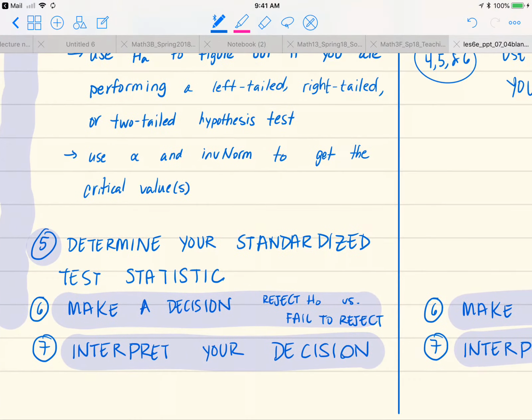Last, you need to determine your standardized test statistic. As a preview, it is going to be z equals p hat minus p over your standard error, which in this case is the square root of pq over n.